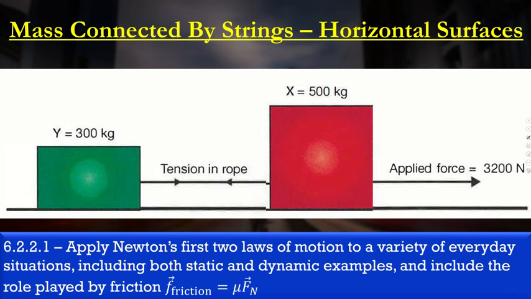Another example we're looking at is if we have a string on the object. So in this case, I have a piece of string that ties my Y box and my X box together. And I'm asking what tension, or what force of the string, is being applied between these two objects.